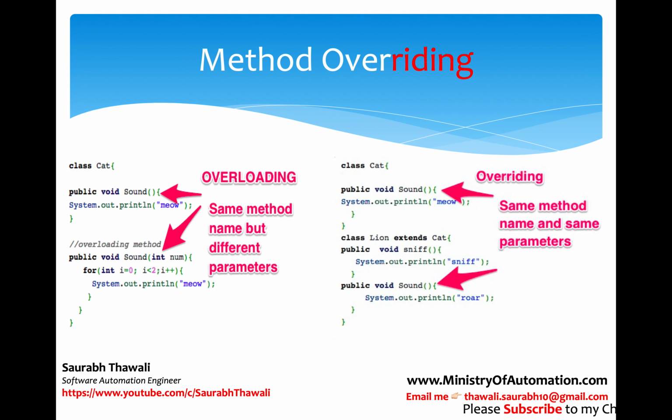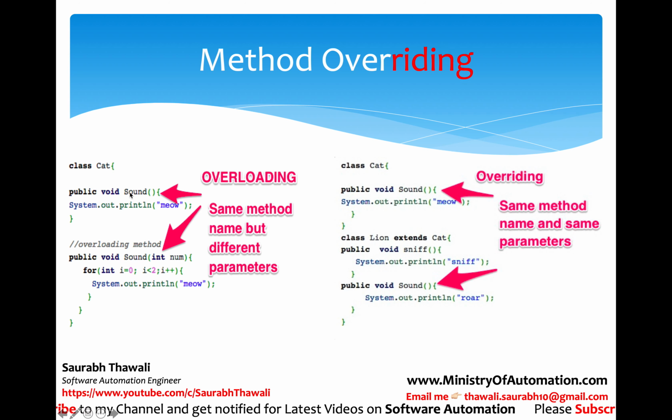A quick example, a side by side comparison. Overloading was in the same class, where we write two different methods with the same name but different parameters. Based on what parameter the user is passing, it's going to call that particular method. In overriding, we are using two different classes, but the second class is extending the first class so that it can consume all the things inside the first class.